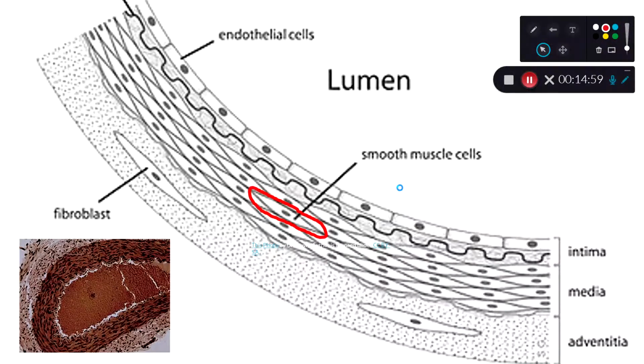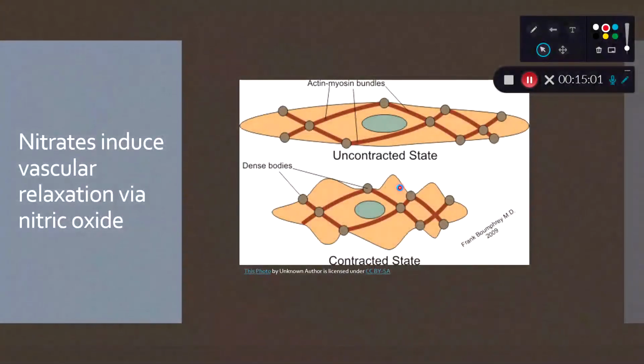So let's have a closer look at these smooth muscle. Unlike striated muscle, their actin and myosin isn't organized in that neat way that we see in striated muscle, with the myosin here and the actin. We don't actually have that. What we have instead is the actin and myosin are all over the outside of the cell.